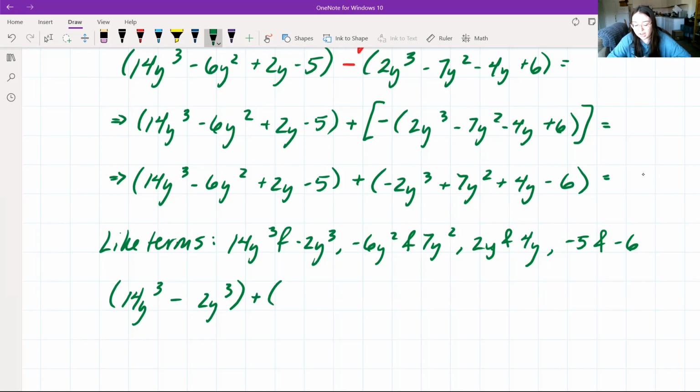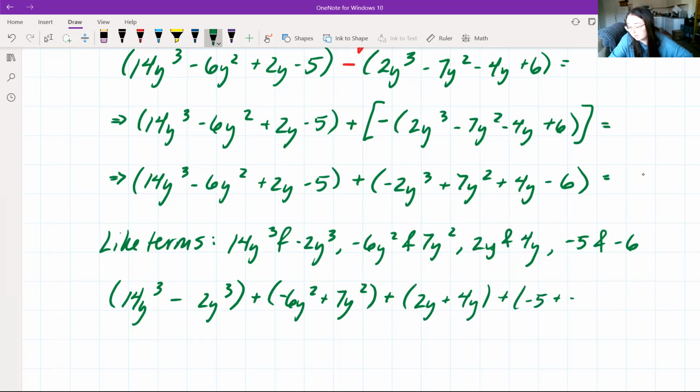Then we're going to add our next grouped like terms: -6y squared plus 7y squared plus 2y plus 4y plus -5 plus -6.